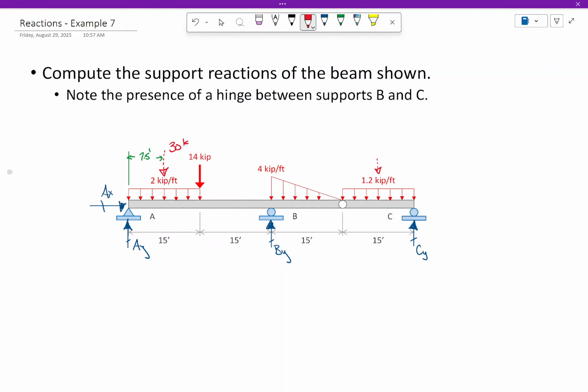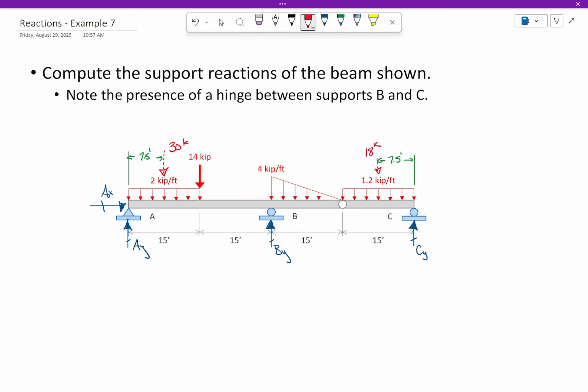Okay, this one over here on the right. 1.2 kips per foot over a distance of 15 feet is going to be what? 18? Did I get that right? I think yeah. Okay. And then this triangular load, that's going to be 4 times 15 over 2.